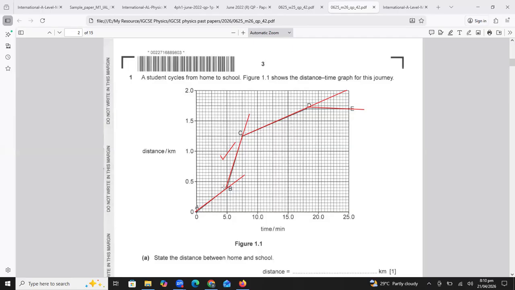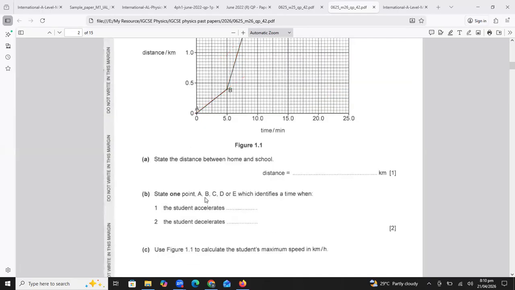So the child will accelerate from point B. So what we have to write, students, in this option, we have to write here B is the point where the student is accelerating. Is it clear to you, students? I'm repeating, B is the point where the student is accelerating.